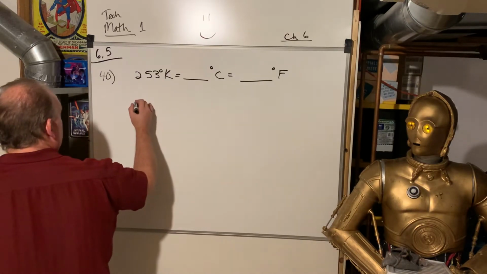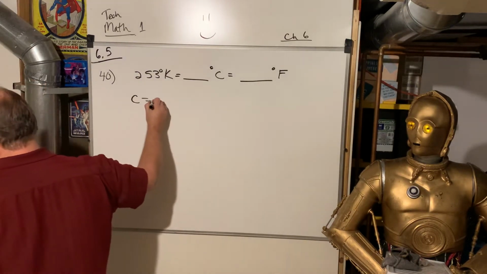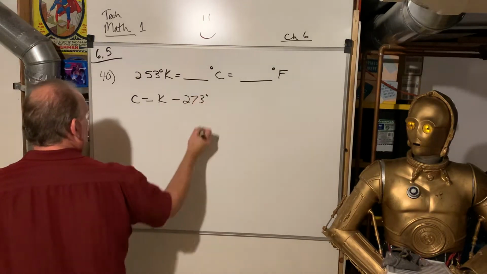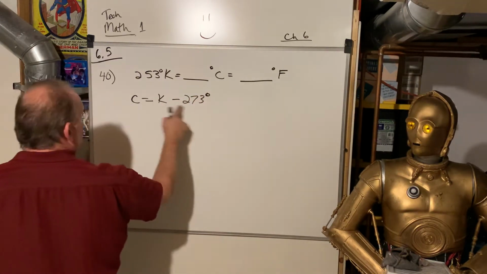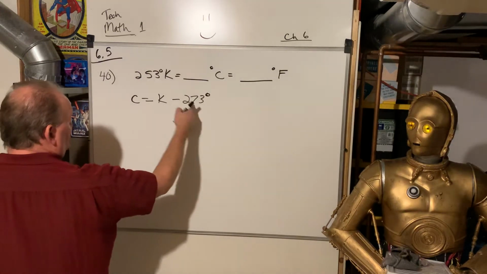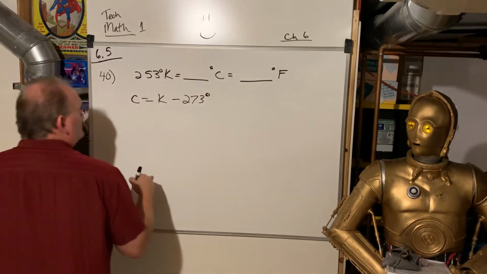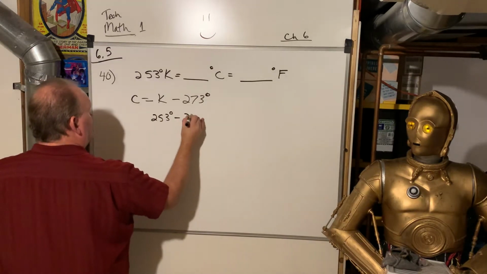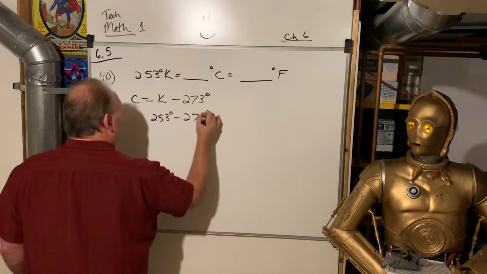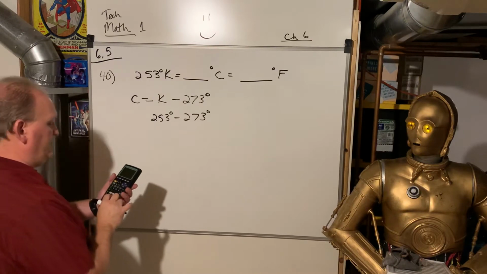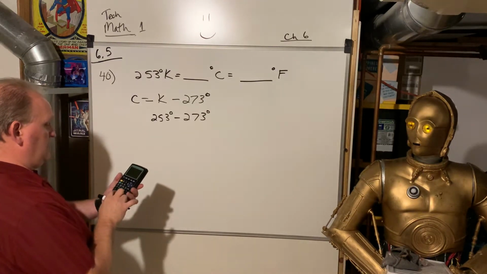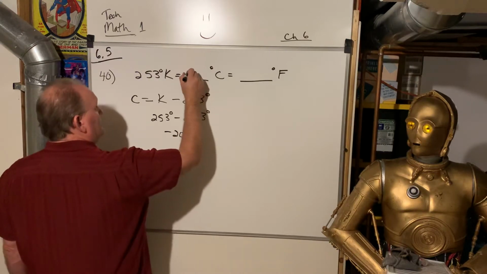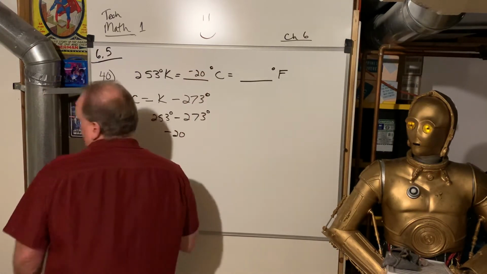We're just going to say Celsius is equal to Kelvin minus 273. So if it was 253 degrees Kelvin minus 273, 253 minus 273 is negative 20. So we're talking negative 20 degrees Celsius.